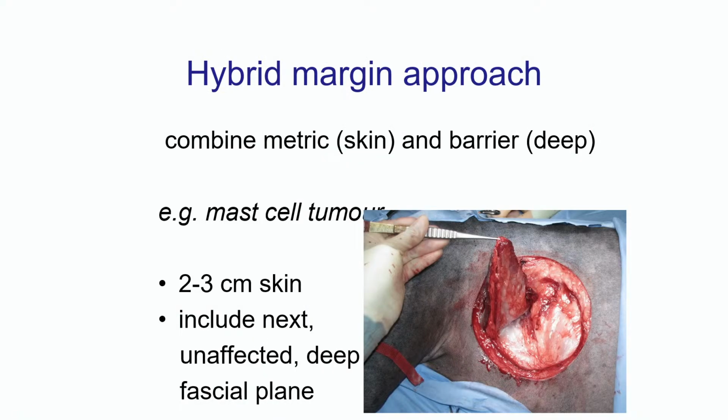This is a mast cell tumour over the abdominal wall, where we can go and take out the external rectus fascia and the underlying muscle to give us that deep margin, accepting that for most situations those muscles are redundant and the other muscles which are in place will be more than adequate. And that's certainly the case for these types of tumour.